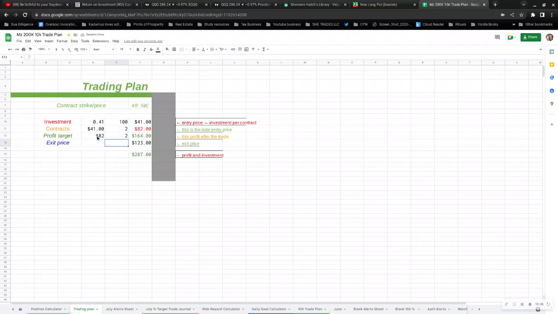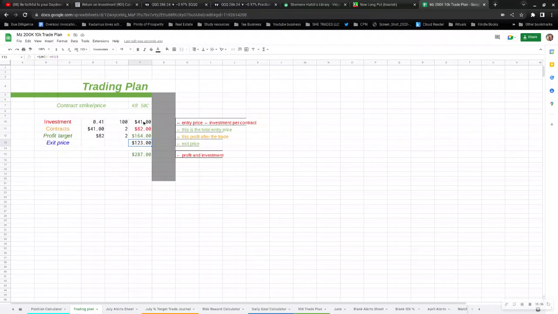So if my profit target is $82, 2 contracts, I would profit $164. So this is the profit. So when I see my P&L get to 123, or I could go ahead and put in my sell order for 82 cents for 2 contracts. That way they sell and my exit price is going to be 123.